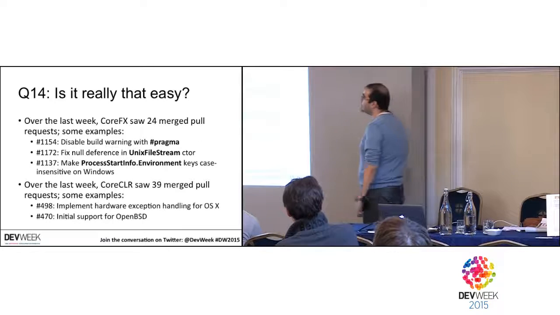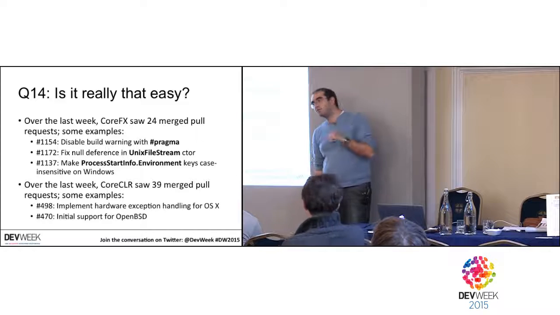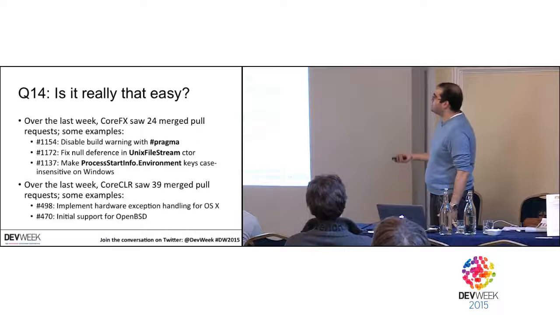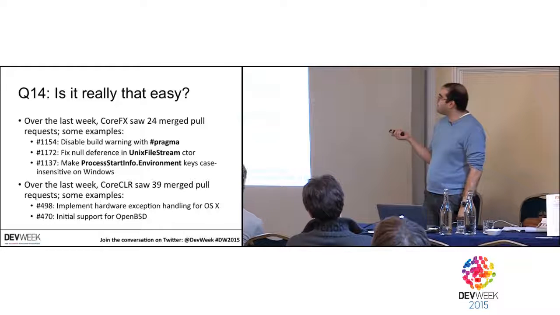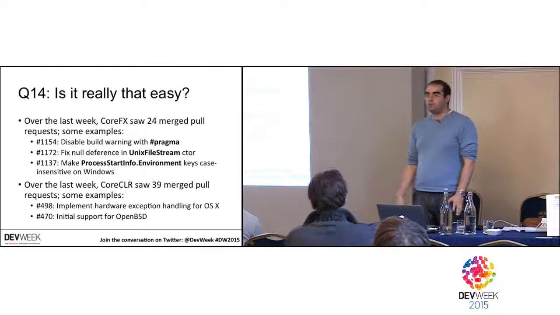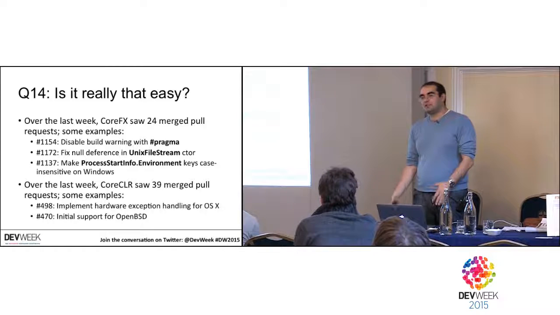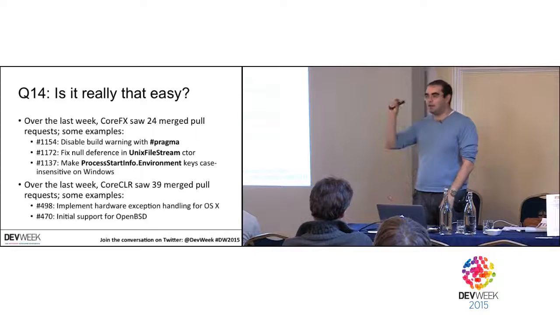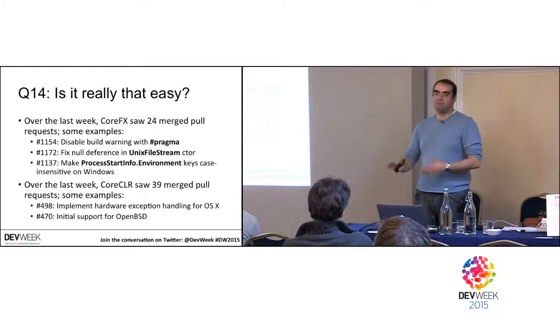But first, here are some real examples from last week's CoreFX and Core CLR contributions. So here's one that's totally boring, number 1154. There was a build warning in this one particular file, and so someone fixed that warning by putting a pragma warning around it. Amazing.